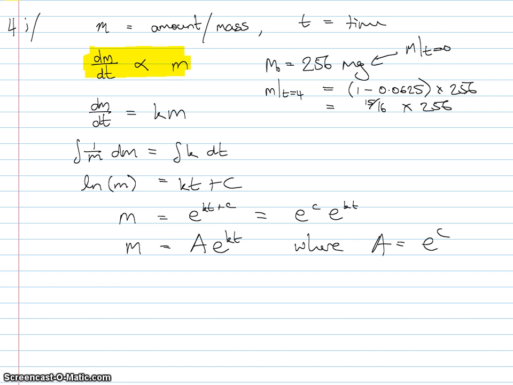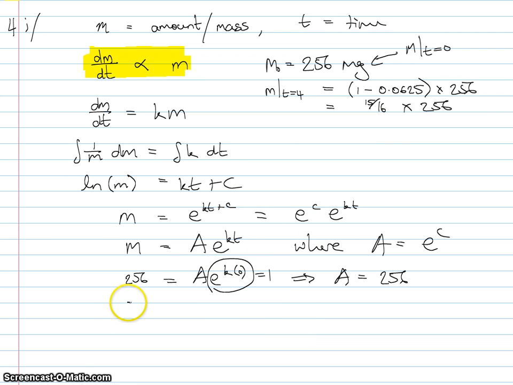So when time is 0, m is equal to 256 is equal to a e to the k times 0. So e to the k times 0 is going to be 1. So we know that a is equal to 256. Now we have to find this constant k.